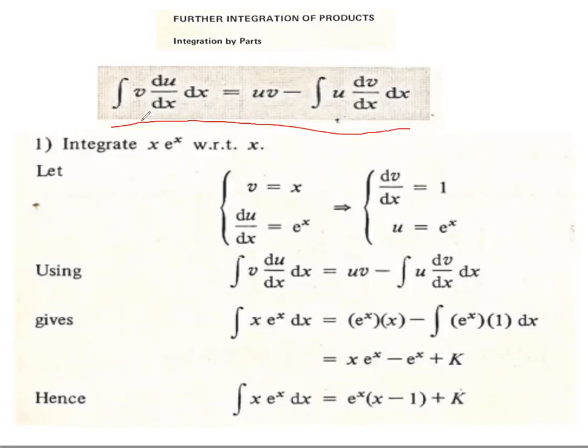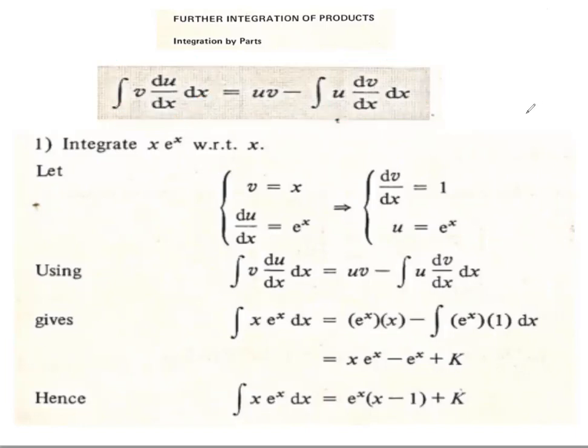What you were looking for, really, is that the integral of this ends up with you having to do another integral over here. But if you do integration, you've got to do some integration somewhere. You want this integral to be easier than this one here. You want this one to be simpler than that one.